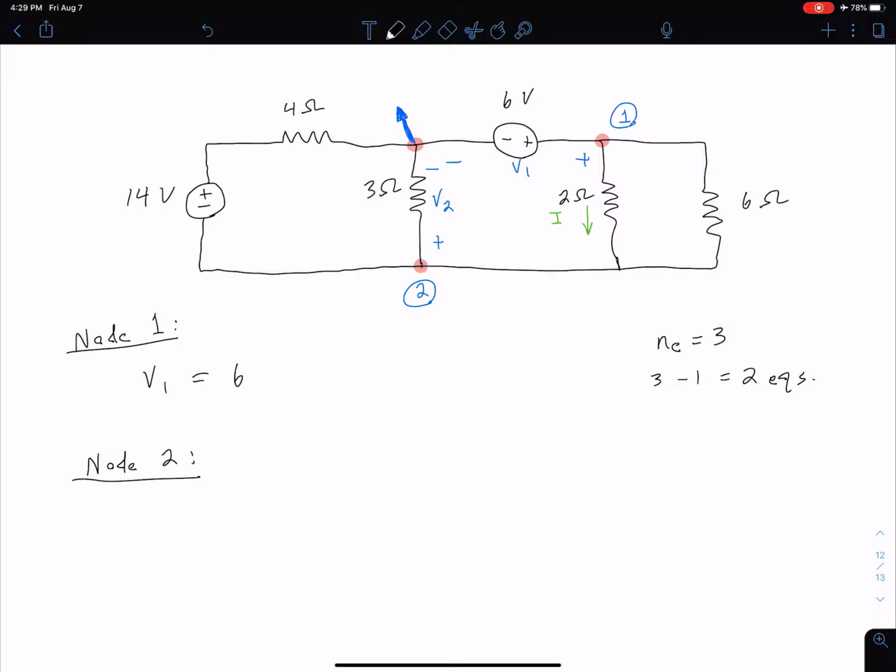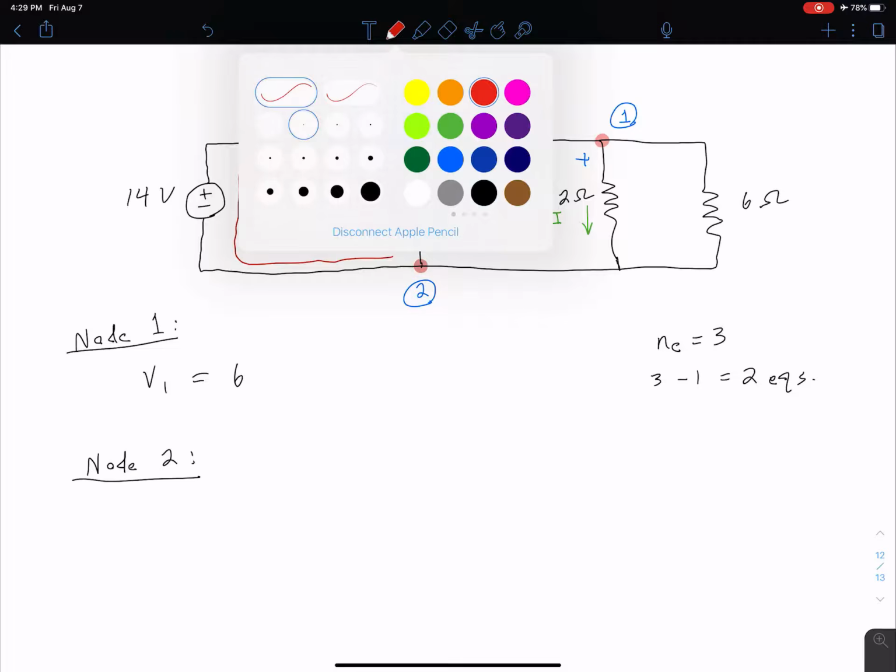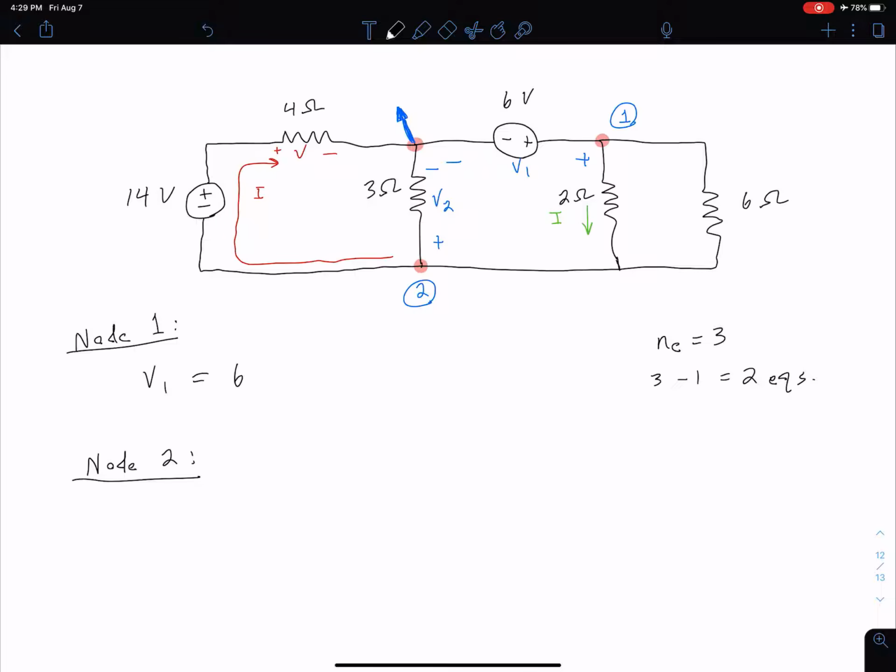It's maybe a little less straightforward for the current coming out in this direction, but we know this current is coming out here and going in this direction, and we could define some voltage V like this. So we could say we have that current, and that current is equal to the voltage V over our 4 ohm resistor, and we'll come back to that in a second.